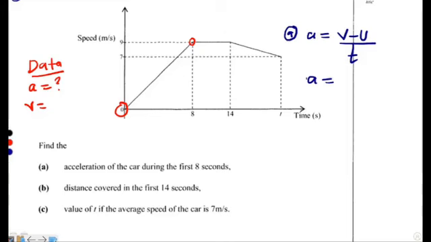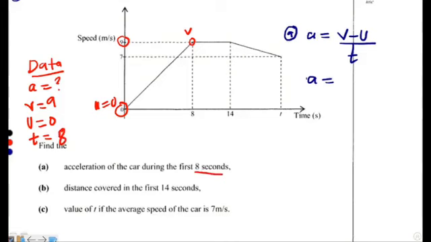So here the initial velocity will be 0. Then here we are going to have the final velocity, which will be 9. Then time: according to the question, they are saying acceleration during the first 8 seconds, so time is equal to 8.